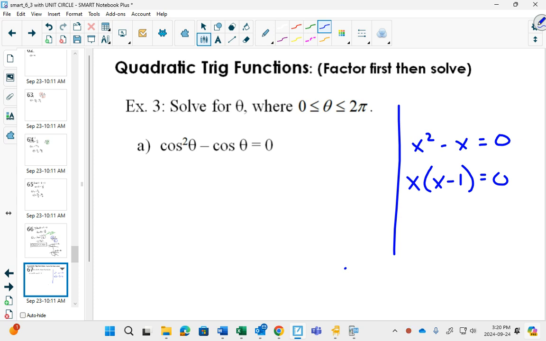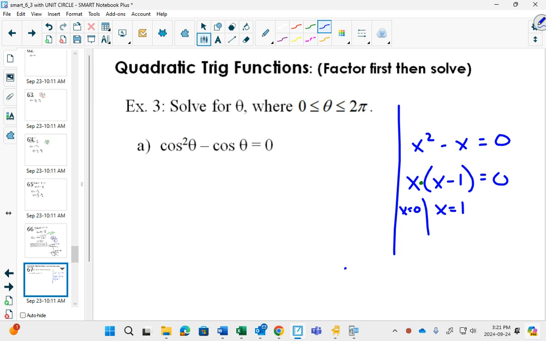And this is so powerful because if you have two things that multiply and the answer is 0, one of those two things has to be 0, right? If this times this is 0, well, that means either the x has to be 0, it wouldn't matter what that is, or the x has to be 1, because then it wouldn't matter what that is. And you will get 0 as your answer.